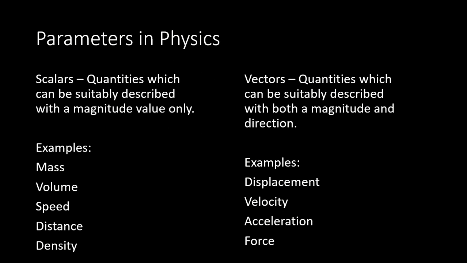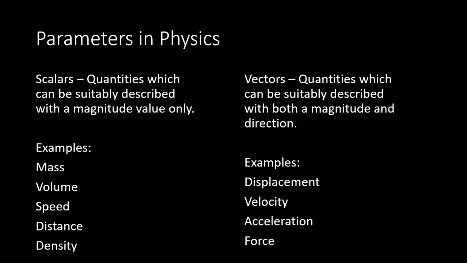Some examples include mass. Whether we have 5 grams of water traveling north or traveling south doesn't matter, it's still 5 grams. We use it the same in any calculation. Other scalars include volume, speed, distance, density as well. No matter what direction we're going, the density of a material is always the same.